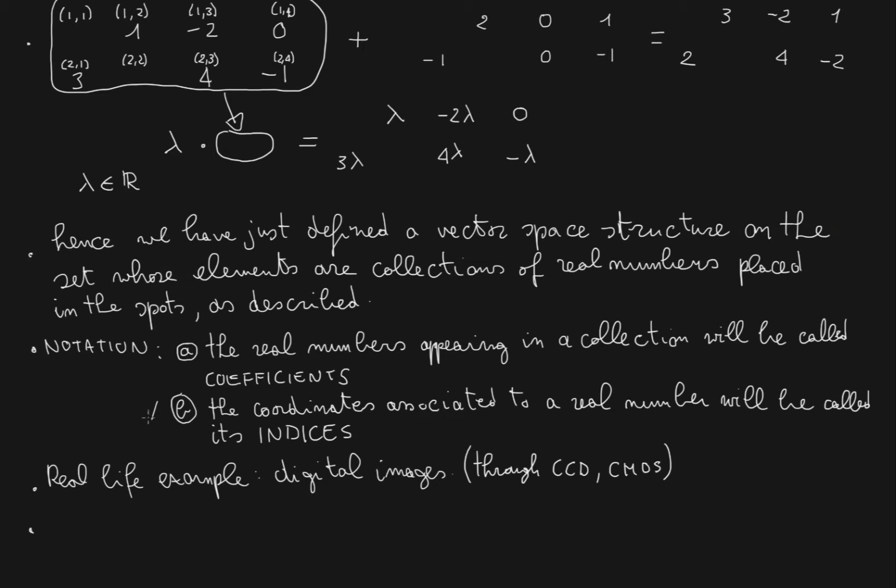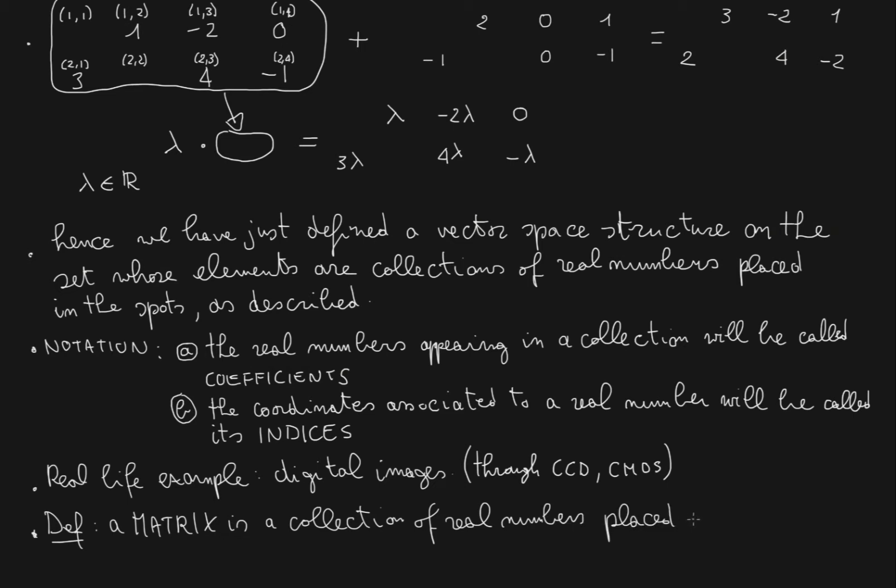So in practice, we are going to call matrix, so the definition: a matrix is a collection of real numbers placed on spots forming a rectangle.